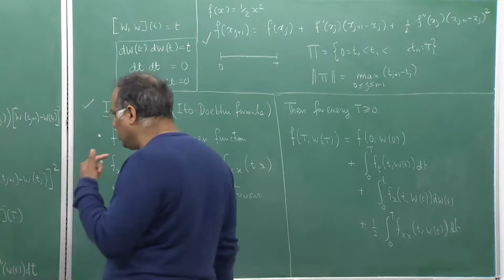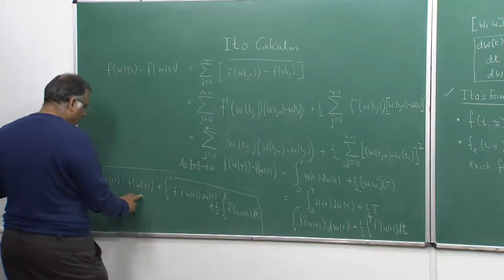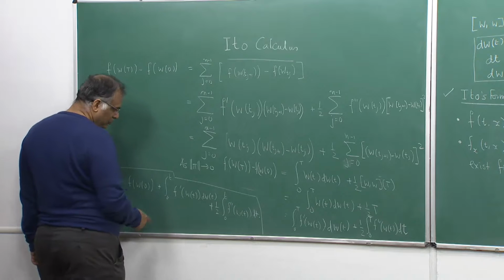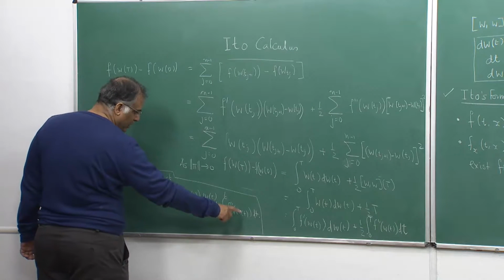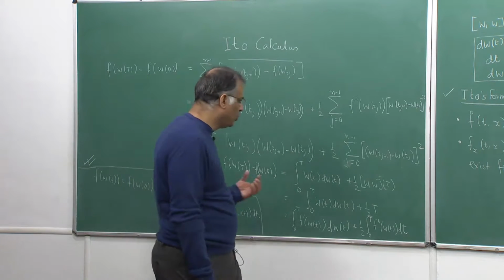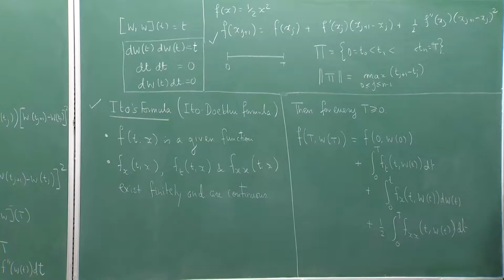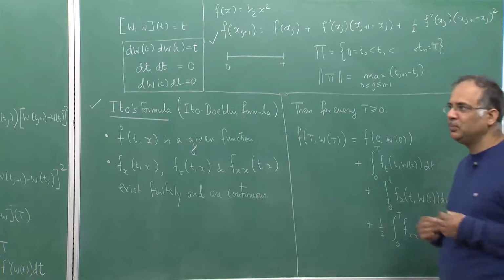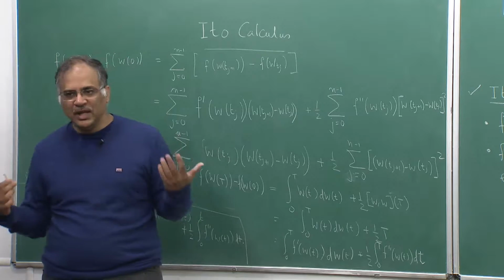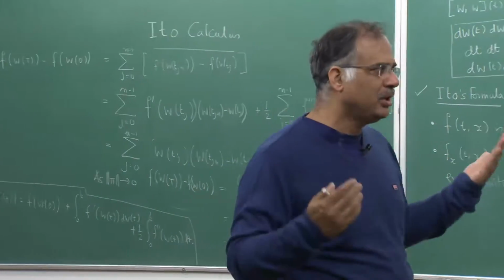A very important idea is to understand that this, I can take it to this side and write it as df(W_t) is equal to f'(W_t) dW_t plus half f''(W_t) dt. That is just a shorthand of this. You do not really have stochastic differentials, what you have is stochastic integrals. It is of fundamental importance to remember that there is nothing called a differential of a Brownian motion, because Brownian motion is not a differentiable function.